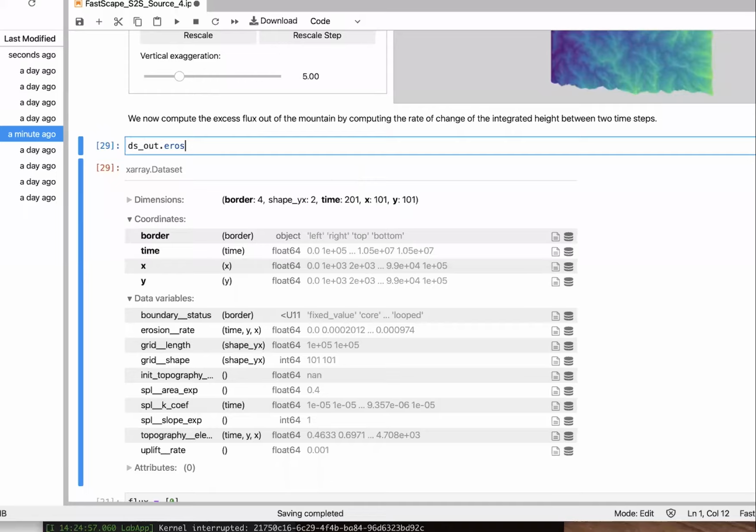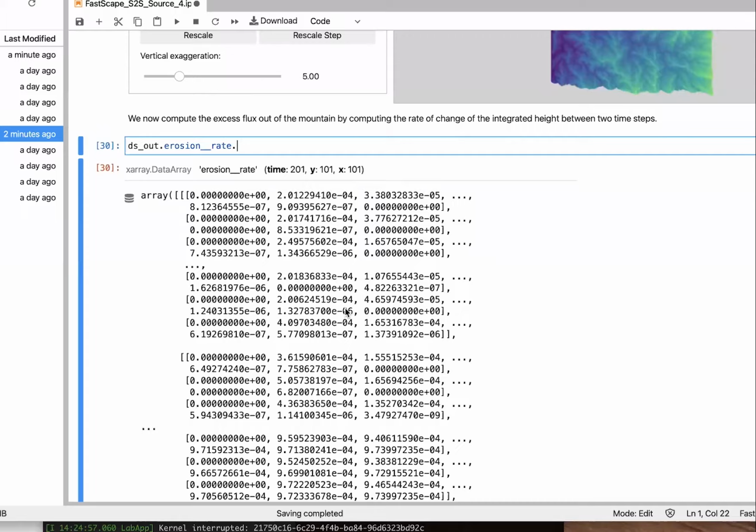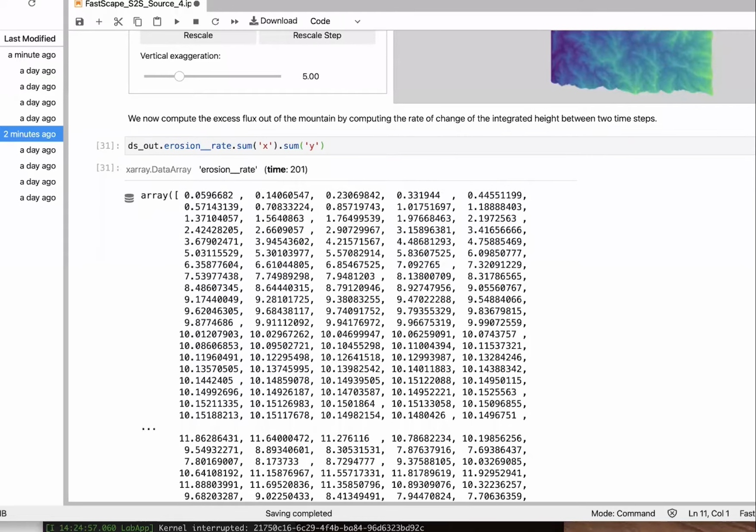Okay. So what we can do is simply do the sum over all x and sum over all y. And if I do that now, I have an array that's of length 201, which is the sum, or mathematically we can call it the integral, of the erosion rate coming out of the model. And I could do even faster by asking to do a mean, which is almost like a sum.